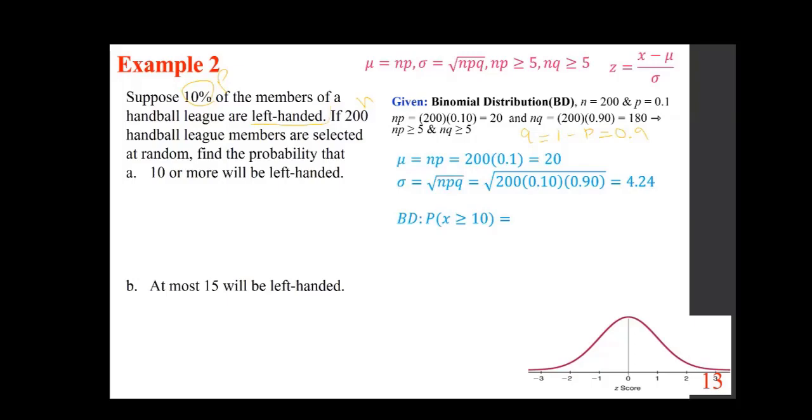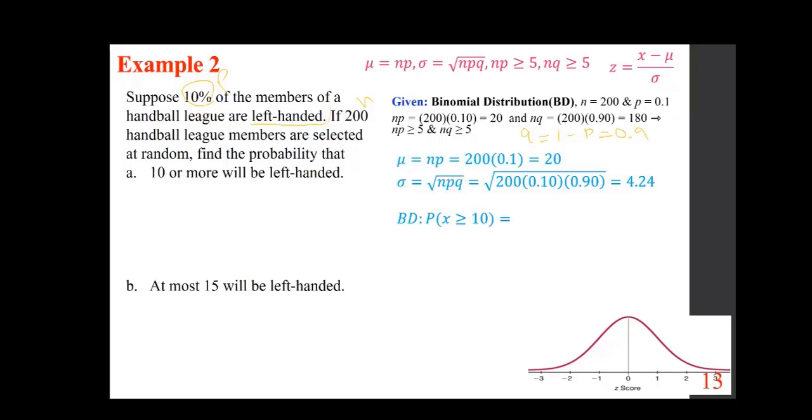So with that being the case, it's very simple. X is larger than or equal to 10. When we go to normal distribution, what happens? Are we going to go with 9.5 or 10.5? Which one and why? 9.5, because it has to include 10. Beautiful. And that's all I want you to notice, because if you notice that, you don't have to memorize anything.